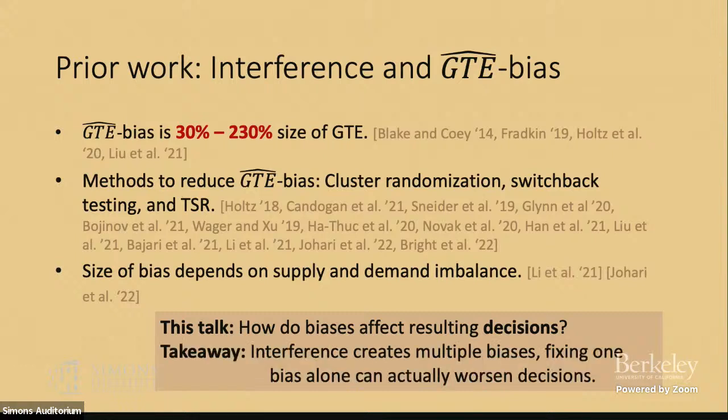What I'll try to explain is that these interference effects in these marketplaces can actually create multiple types of biases. And in the presence of multiple biases, sometimes fixing just one bias can actually hurt the decisions that you're making. So we'll take a little higher level view of experiment design and decision making.